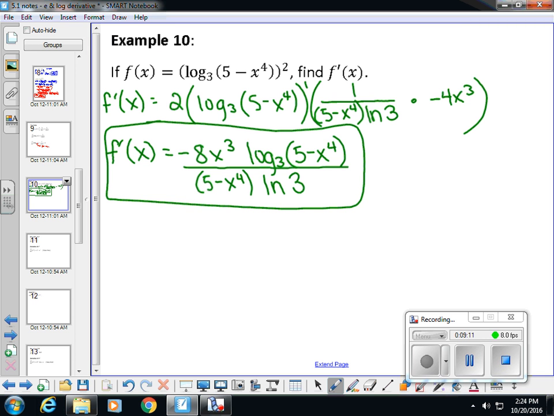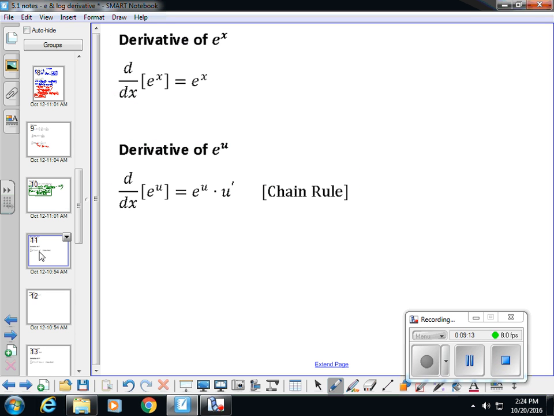Now, e to the x is actually even easier. The derivative of e to the x is e to the x. The derivative of e to the u is equal to e to the u, so the original, times the derivative of that exponent. All right?